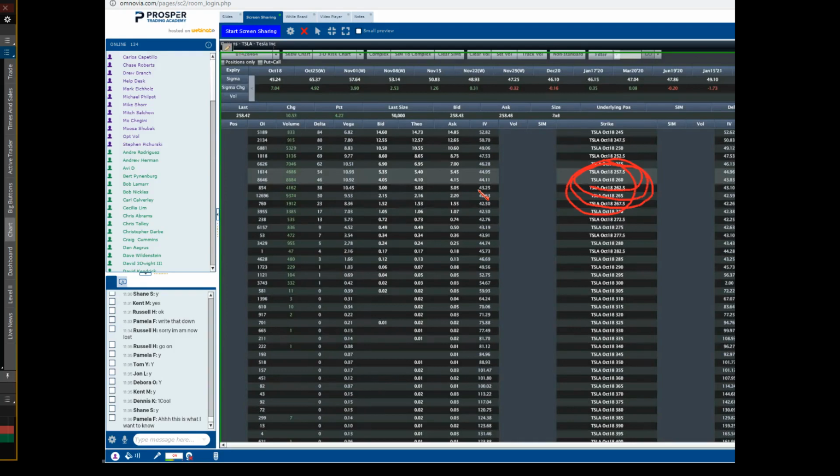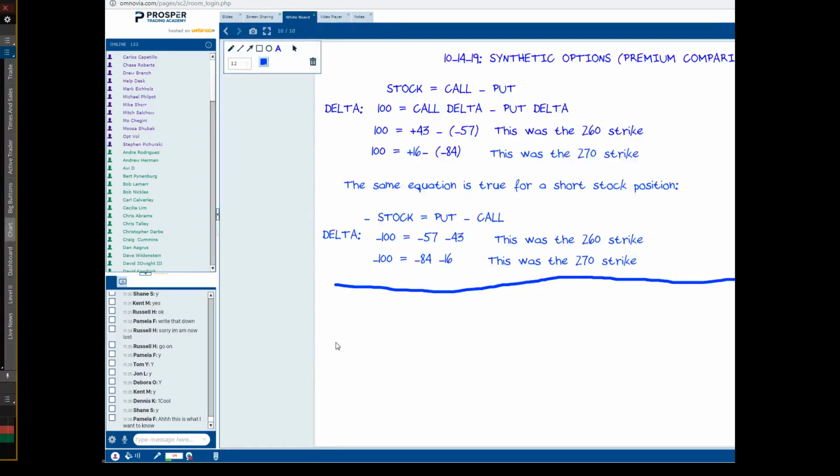Okay, so right now with the stock trading, again, 258.50, I'm going to try and capture these prices. We've got 4.10 and 5.65, and that's with the stock at 258.45. Okay, that's what we're going to use. Okay, so Tesla stock equals 258.45.